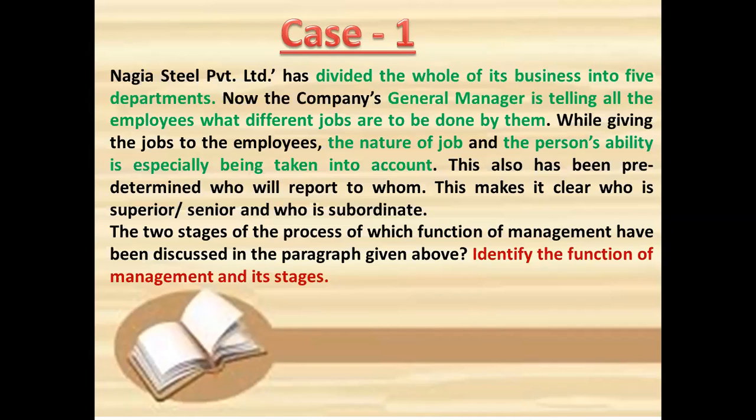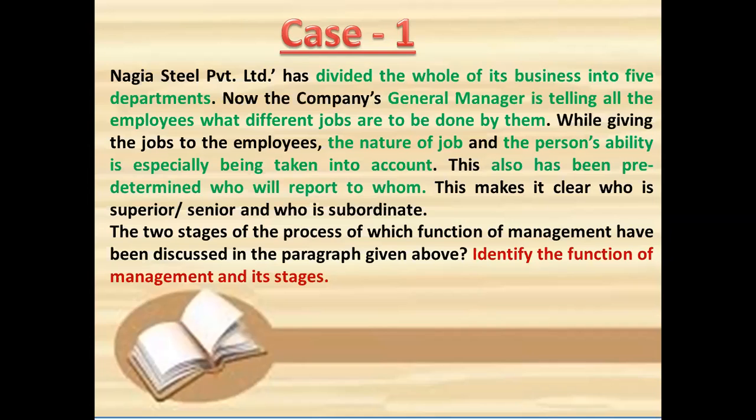It's not like anyone is appointed on any work haphazardly. They very systematically find out which job must be assigned to which individual. So assignment of duties is being taken into account, and the next is it is also predetermined who will report to whom. Somewhere they are talking about reporting relationship.